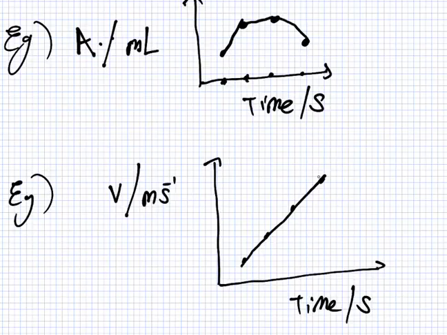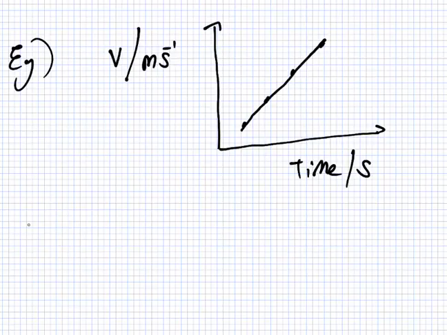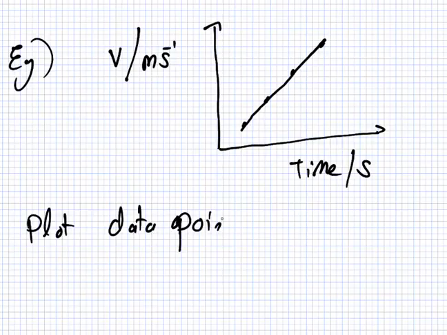So some things about the time velocity graph. Again, for the line graph, there must be time on the x-axis. Also, you plot the data points, like this.